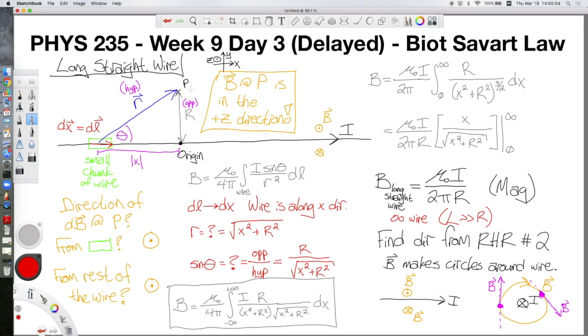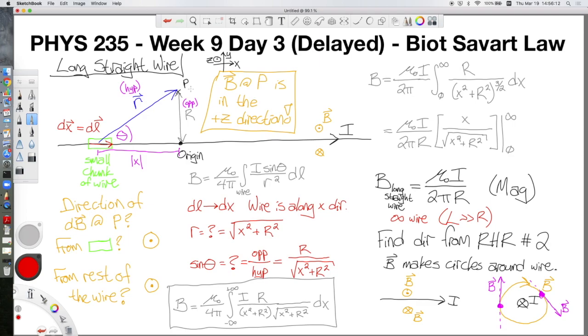So if we have a 1 meter long piece of wire and we want to know the magnetic field 3 centimeters from one side of the wire, that would be a situation where we could use this formula. It would be a great situation for it.